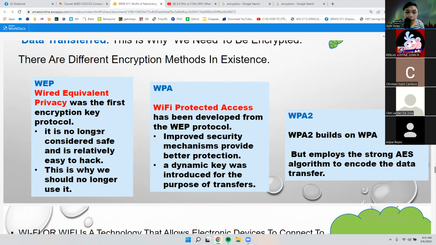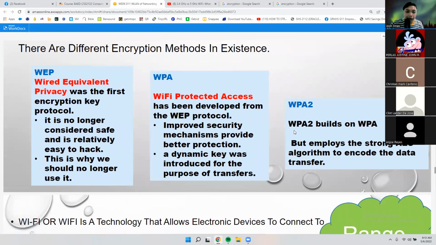It improves security mechanisms and provides better protection, may dynamic key na siya. Yung WPA2, ito yung pinakabago natin, which employs the strong AES algorithm to encode the data transfer. Okay? Madalas po sa mga Wi-Fi natin, naka-WPA2 na. So it's a way of encryption, so safe pa rin po yung paggamit natin ng internet.